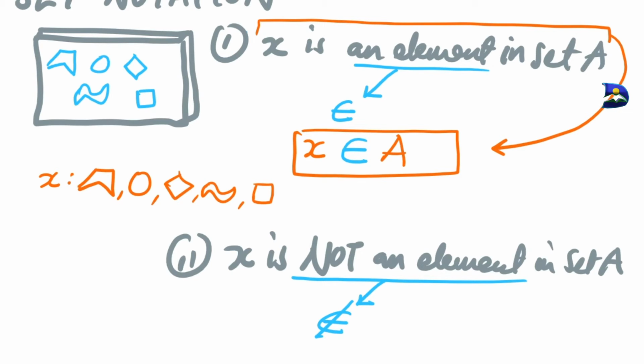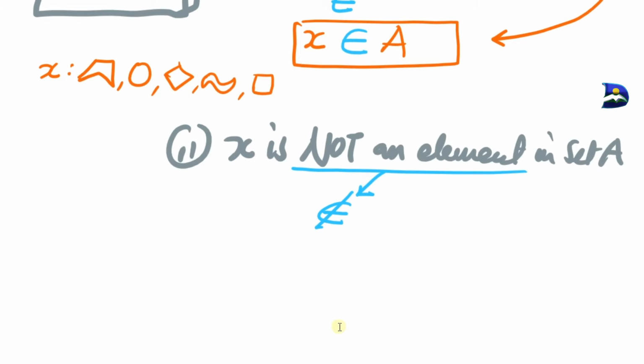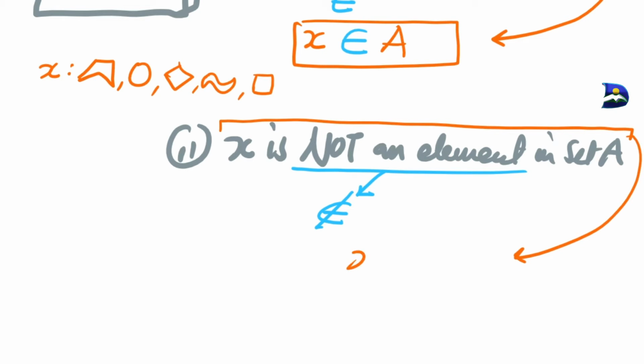That is an indication that x is shown to be not an element in set A, as is revealed right here.